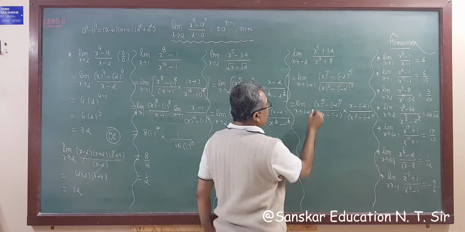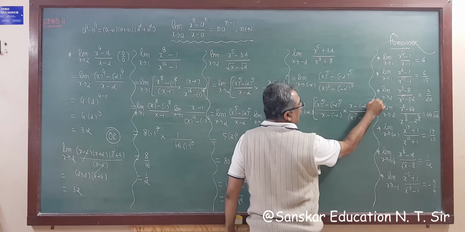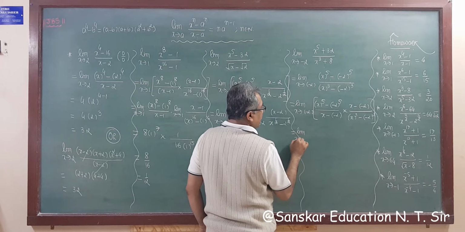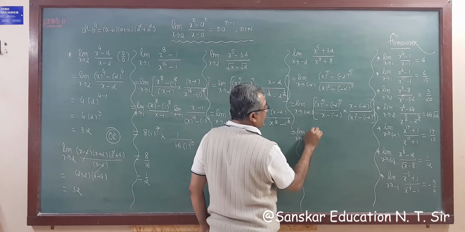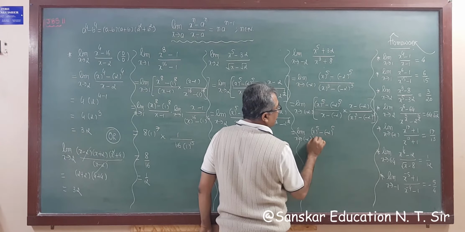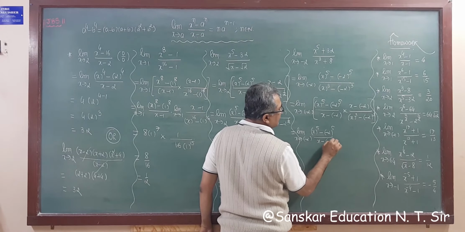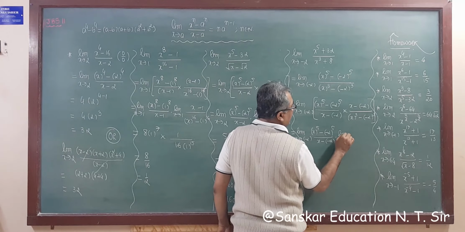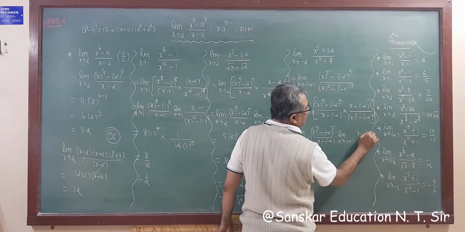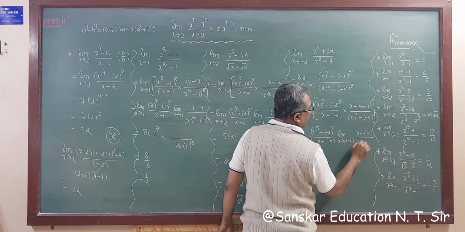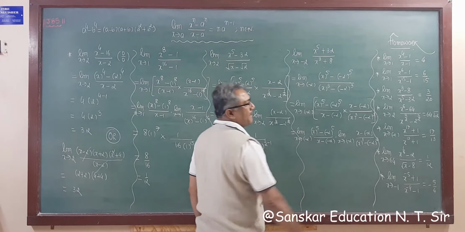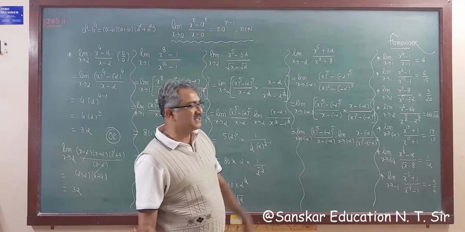Giving separate limits to both, we get limit x tends to minus 2 of (x raised to 5 minus 2 raised to 5) whole upon (x minus 2), into limit x tends to minus 2 of (x minus 2) whole upon (x cube minus 2 raised to 3). Right? So giving separate limits.